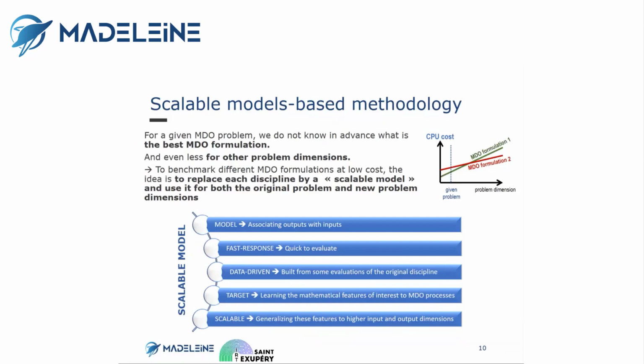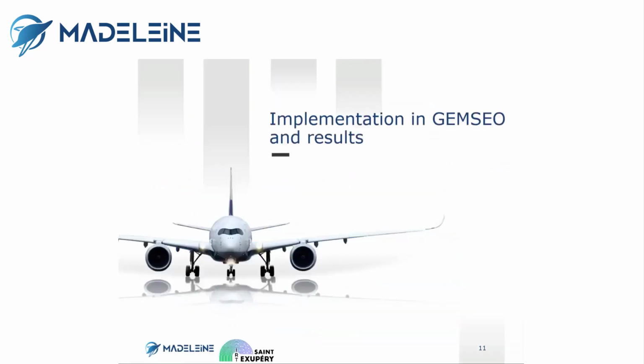But the goal is not to represent in detail the original discipline, but to learn the mathematical features of interest for the MDO process, and then also to be able to be adapted when we change the input and the output dimensions. So again, you will have in just some seconds the results on that. And now I let François explain the implementation.